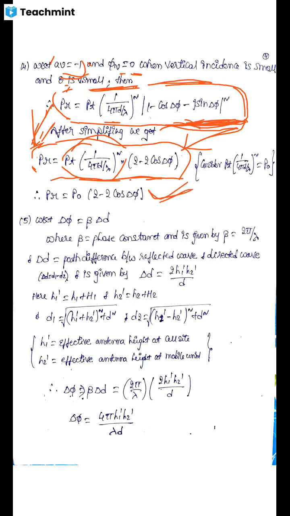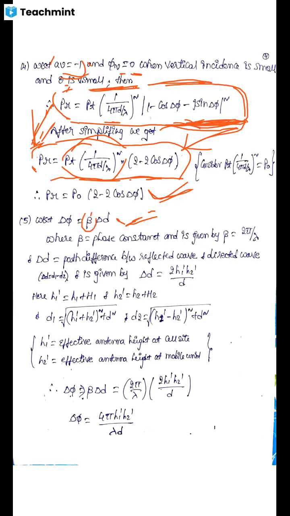We know that del phi, here what is del phi? Del phi is the phase difference between the direct wave and the reflected wave between the two fixed stations. So we know that del phi is equal to beta into delta d. Delta d is the difference between the direct wave and the reflected wave. As it represents phase difference, I will take the phase constant beta.